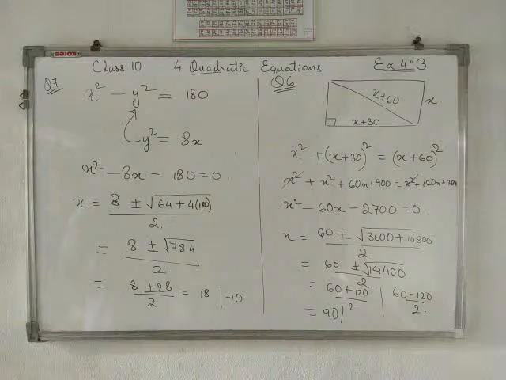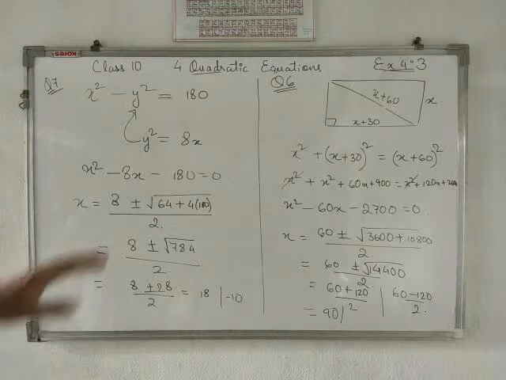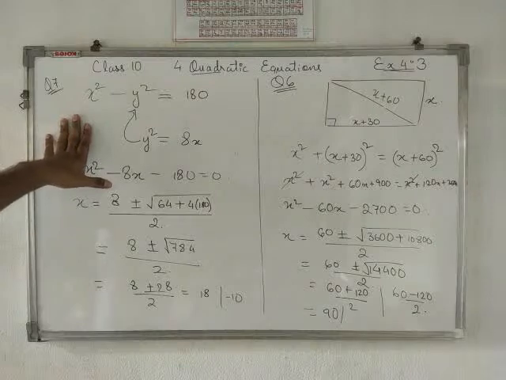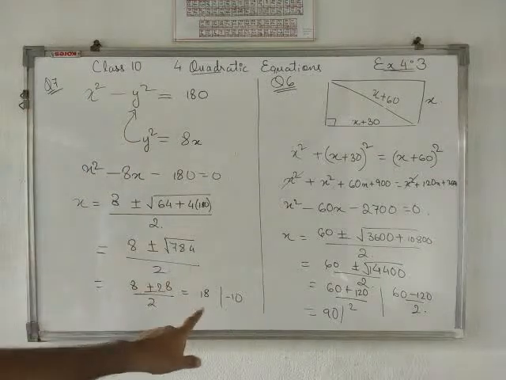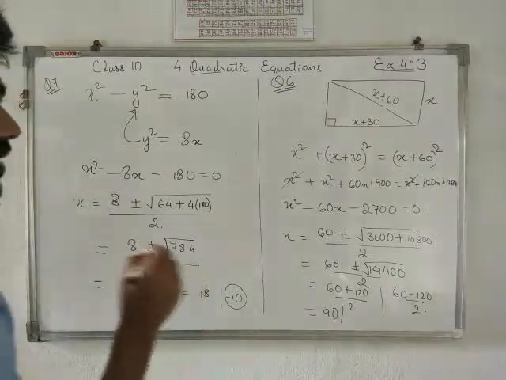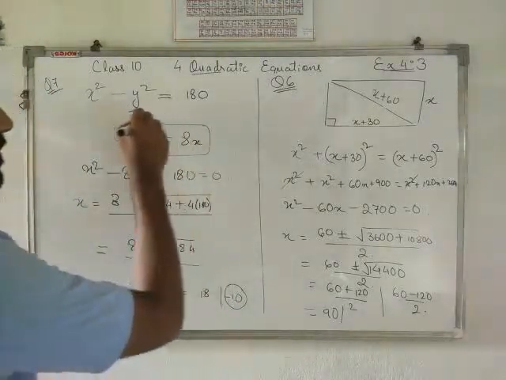Okay, so since they have just said two numbers, they have not said rational number, irrational number, integer or natural number, both the numbers are eligible here. x minus 10 is not eligible here because of this equation.